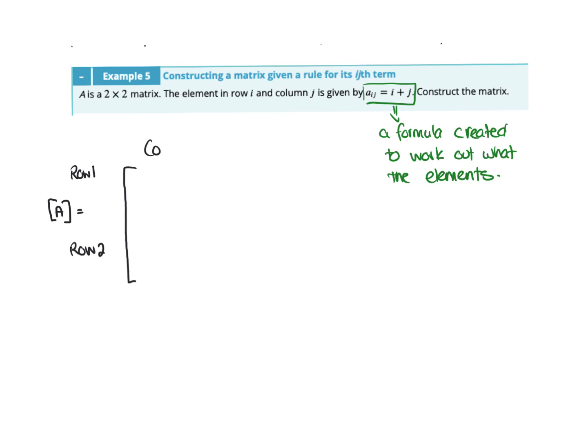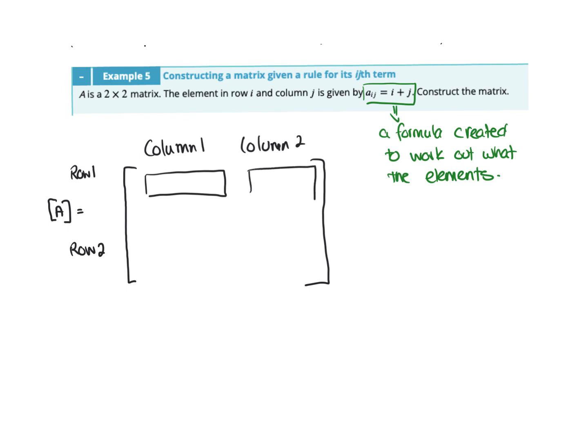Then I'm also going to have column 1 and column 2. Because it's a 2 by 2, we're going to see 4 elements in there.